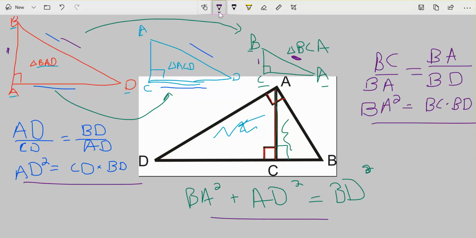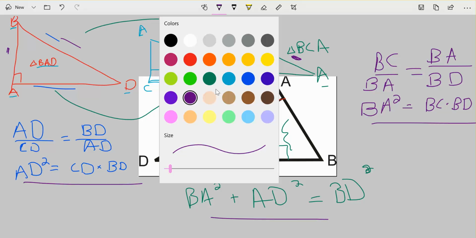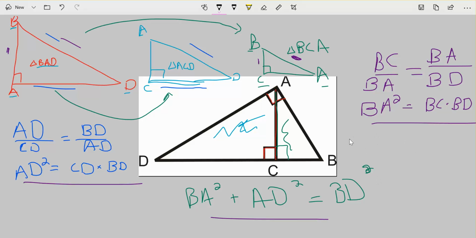So I notice there's some addition there. I'm going to go ahead and add those two together. If I add the AD squared plus BA squared, I can say that that's equal to CD times BD plus BC times BD.